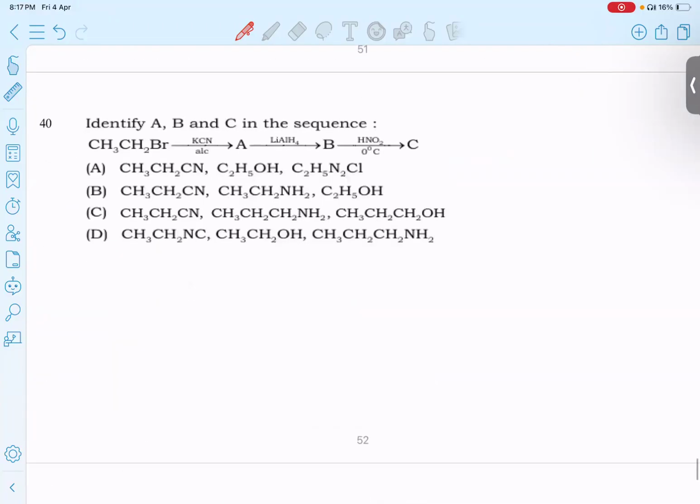Question number 40. Identify A, B, and C in the sequence. Here, the alkyl halide is given, that is CH3CH2Br. It is treated with alcoholic potassium cyanide.